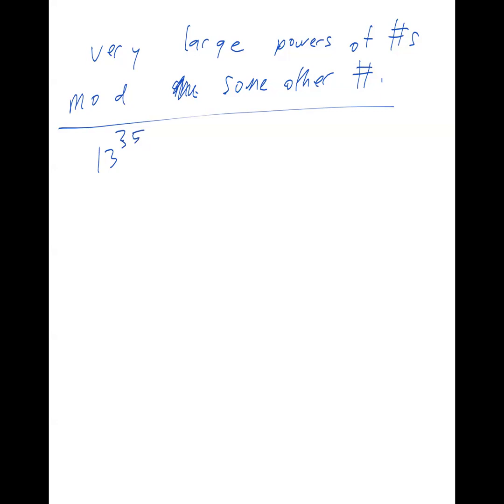Let's try to do 13 to the power of 35 mod 7. Now, why can you not do this the normal way? I'm just going to try this on my calculator. 13 to the power of 35.